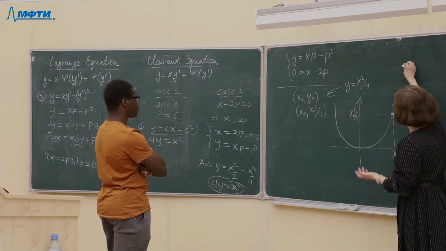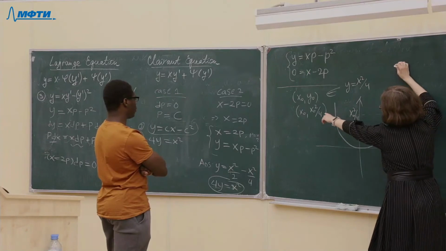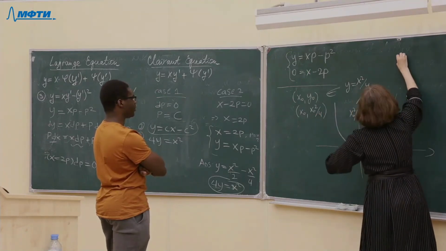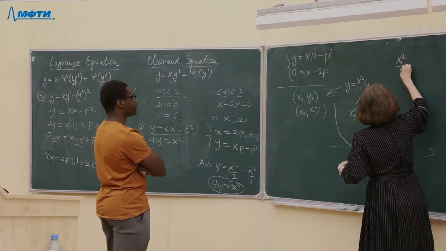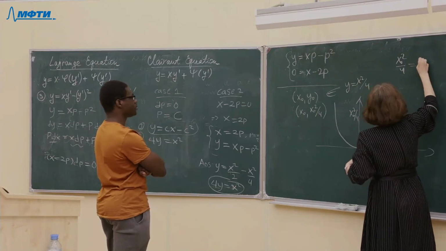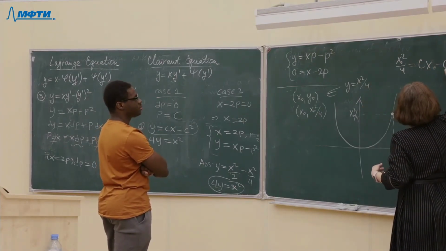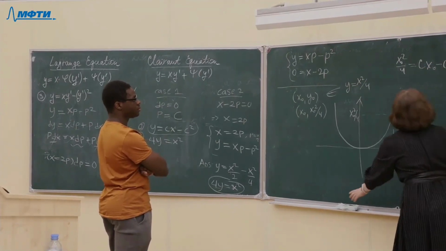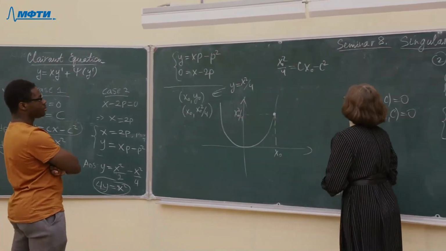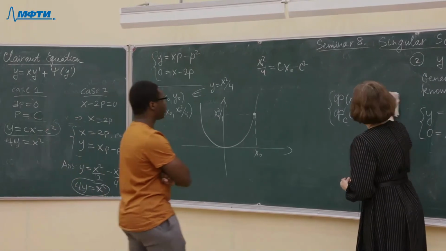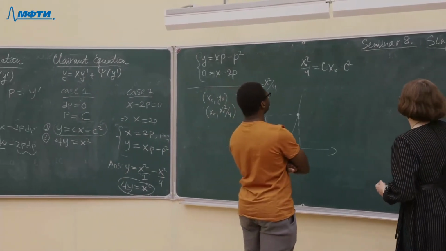So we should substitute x0 squared over 4 for y, and try to solve this equation. Is it possible to solve this equation? I think yes. This is a quadratic equation.